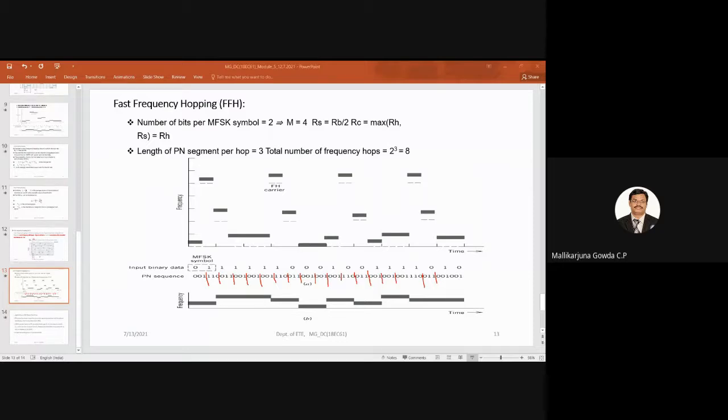So 20 hopping frequencies are there. How many symbols here? 10 symbols. Hopping frequencies? 20. Okay, then there will be 2 hops per symbol.